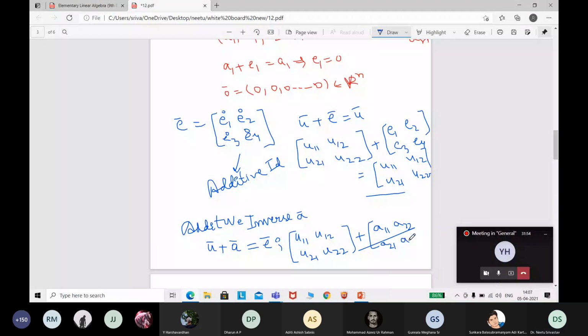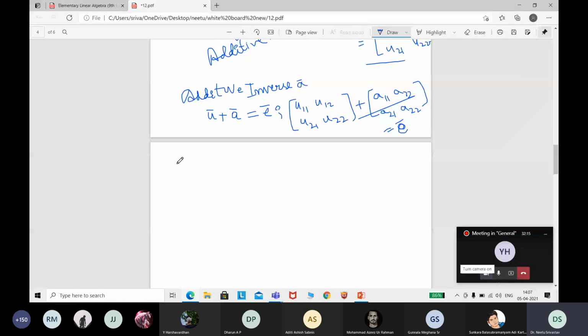Okay. So next is the 0 vector, or you can say it is the E vector. Now add it to u and then equate.